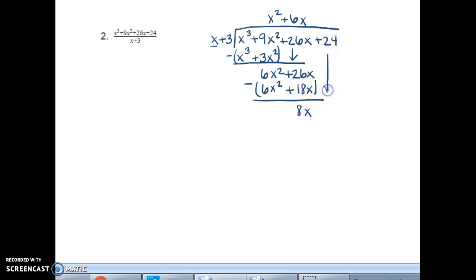And then you bring down the 24. How do you make an x become an 8x? By having an 8. 8 times x is 8x. 8 times 3 is positive 24. If you subtract these two, you have 0. So your remainder is 0. These two are actually factors.